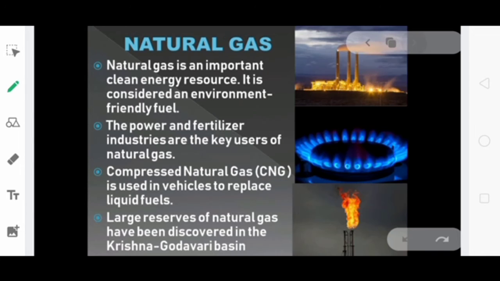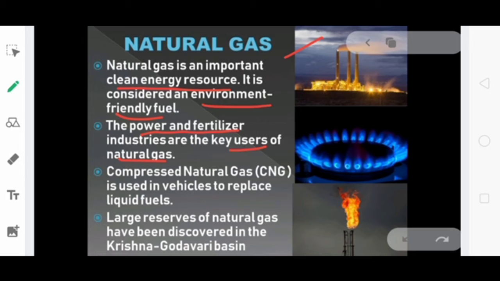Next we will move on to natural gas. Natural gas is an important clean energy resource. It is considered an environmental friendly resource. The power and fertilizer industries are the key users of natural gas.